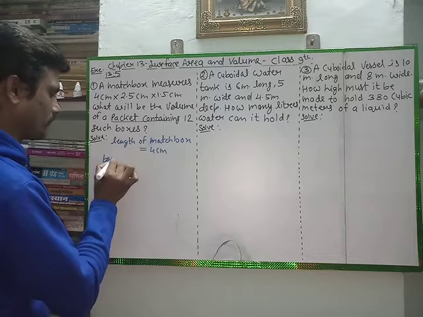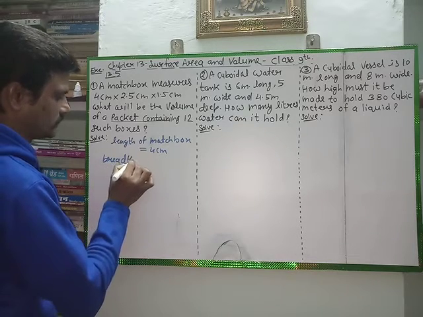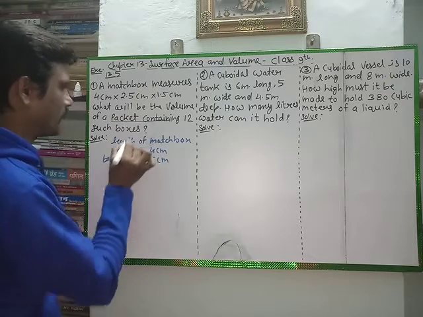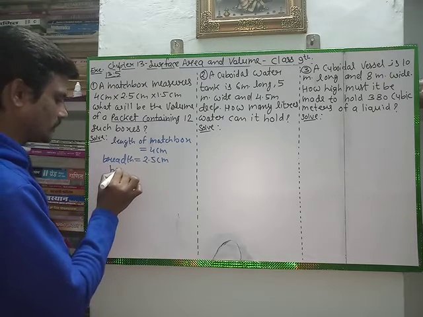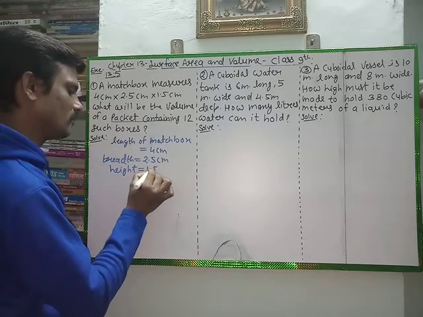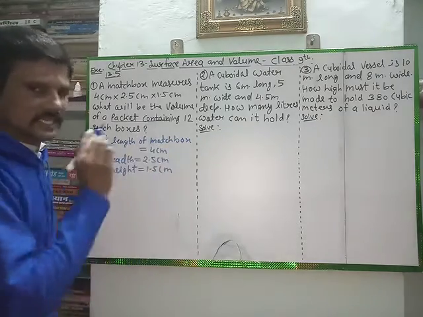Breadth is equal to 2.5 centimeter and height is equal to 1.5 centimeter. These dimensions are given.